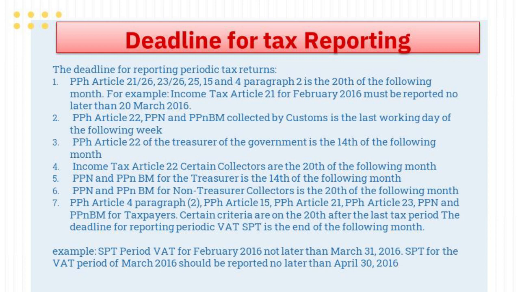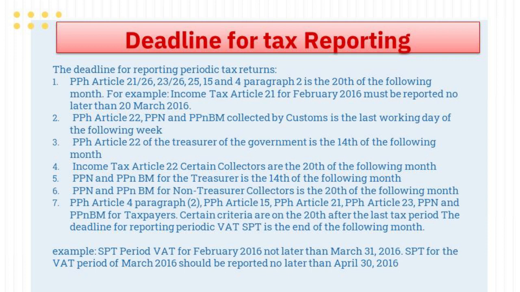Number 2. PPH Article 22, PPN and PPNBM collected by customs is the last working day of the following week. Number 3. PPH Article 22 of the Treasurer of the Government is the 14th of the following month. Number 4.